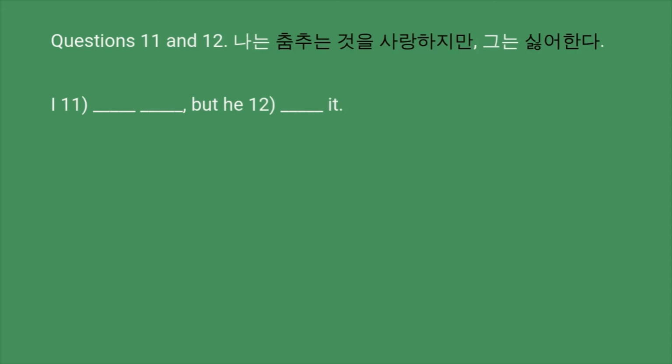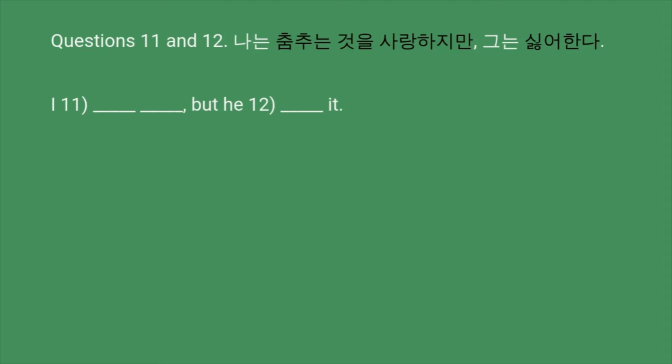Okay, so number 11, remember in English it's verb object. Right, so in Korean it's 춤추는 것을 사랑하지만, but in English it will be the other way around, right? The verb before the object. Okay, and for both 11 and 12, we need to look at the subject in each case.